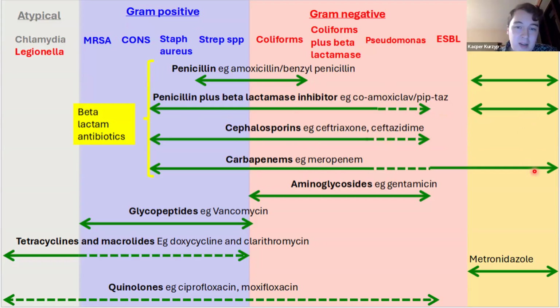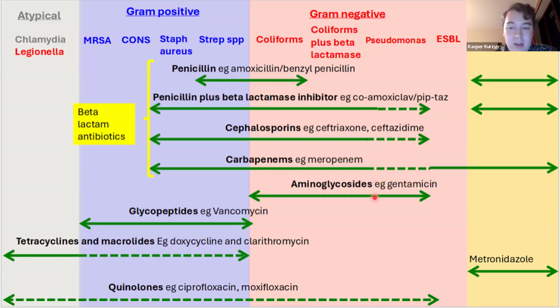Carbapenems, another beta-lactam, do cover anaerobes, they do cover staph, they do cover strep, they do cover beta-lactamases, including extended spectrum beta-lactamases. Some of them cover Pseudomonas, some don't. So we will cover Pseudomonas in a second.